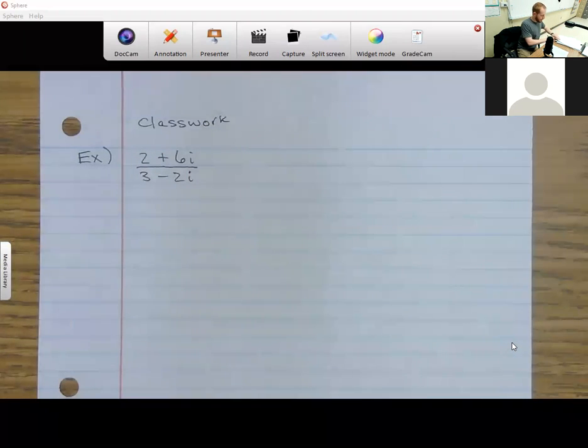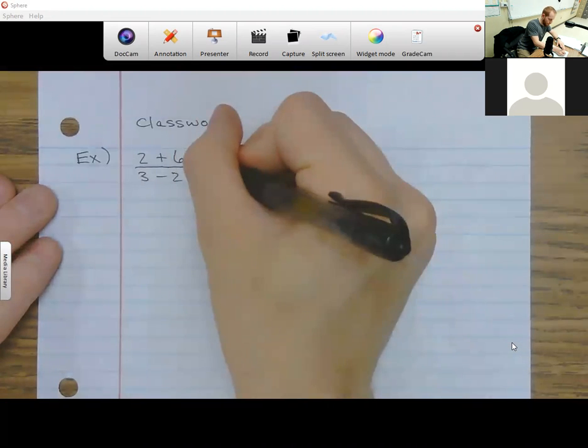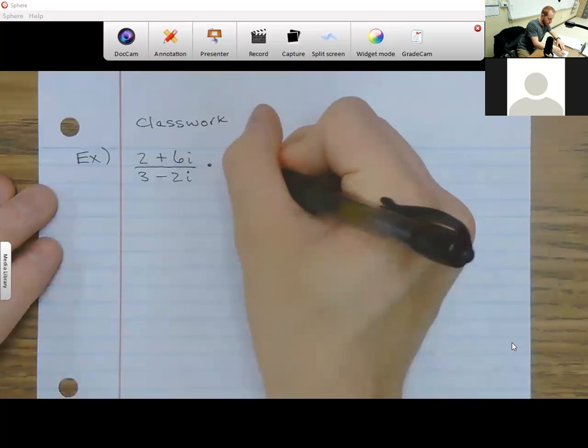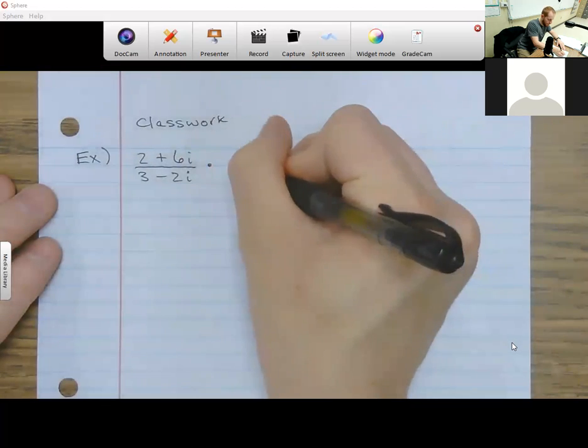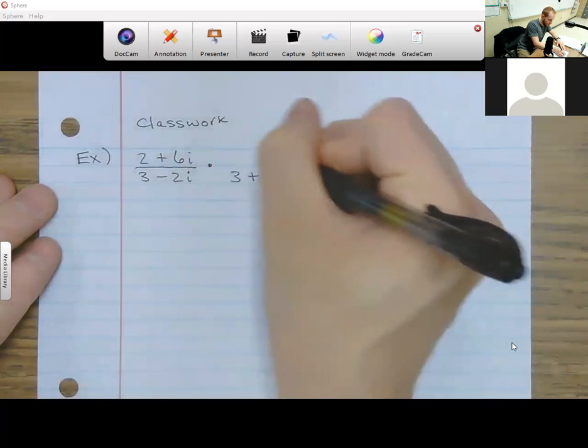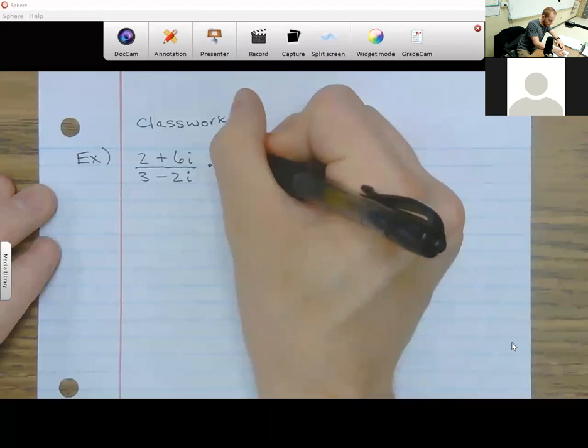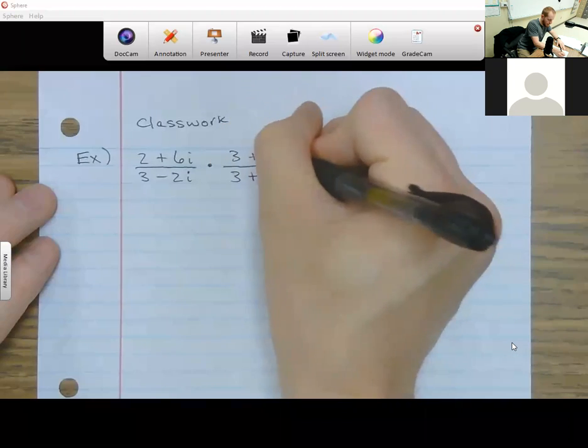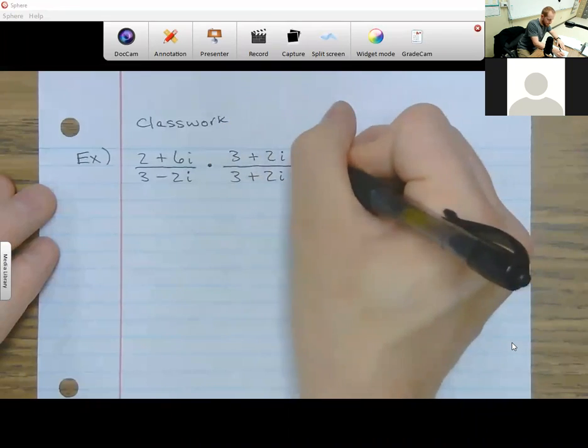All right, so I've got a numerator, I've got a denominator. What I do first is I find the complex conjugate of the denominator. The complex conjugate is not 3 minus 2i, but 3 plus 2i, right? Because I'm changing the sign on the i term. That's basically all I'm doing. And I'm going to do it on the top and the bottom.